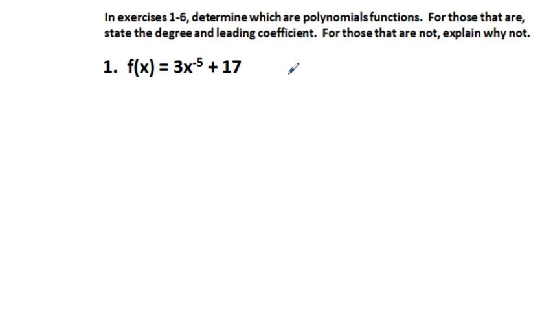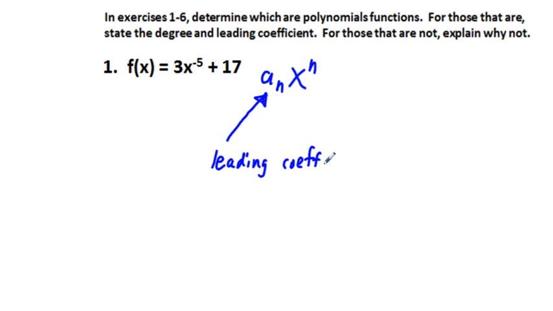A polynomial function is a function where you have a variable to a degree n, and you have a leading coefficient in front, which we're going to call a sub n. So a sub n is our leading coefficient, and this number can be really any real number.